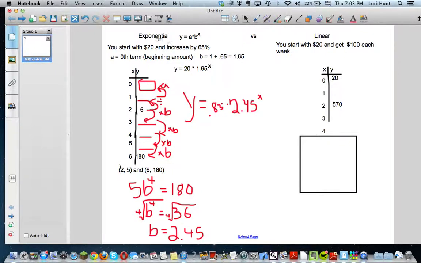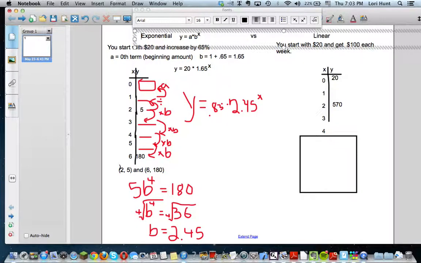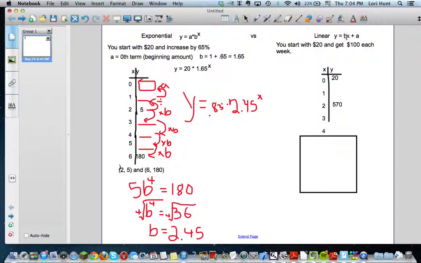The major difference is that a linear equation follows an equation from Algebra 1, y equals mx plus b. In this class, we would maybe call it y equals bx plus a, with a meaning the starting amount and b being the adder.